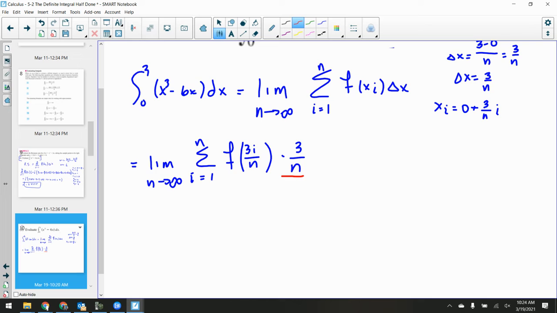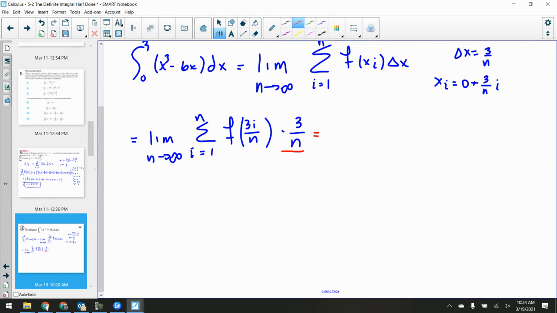So let's actually plug that in. When I say plug that in, I mean plug it into the equation because we know what the equation is. So that is the limit as n goes to infinity of the sum from i going from 1 to n. And now let's plug in 3i over n.